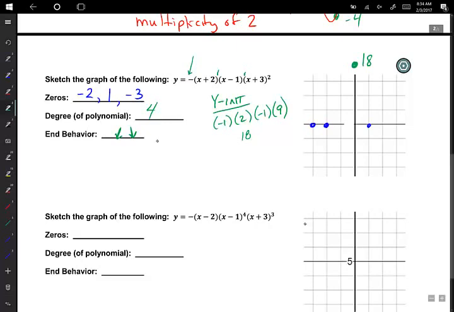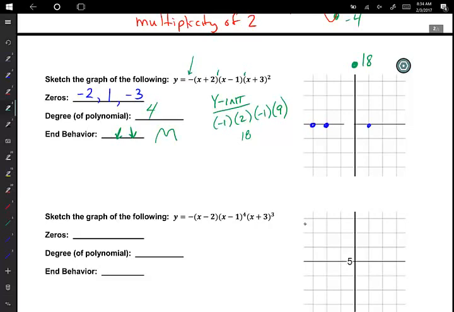So this looks like something like an upside down shape, like so. Well, it ends down because it's negative, and even ones start and end at the same location.